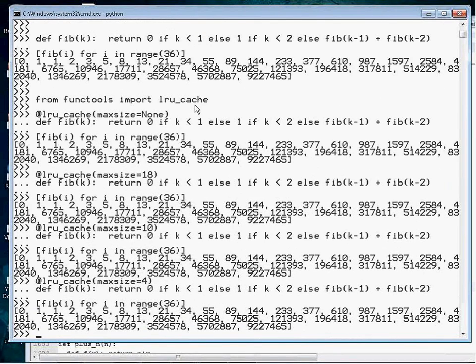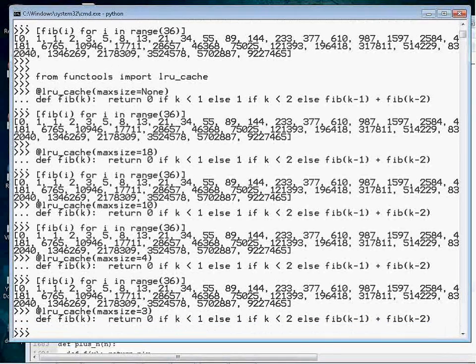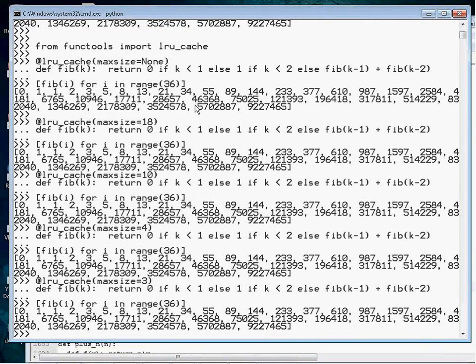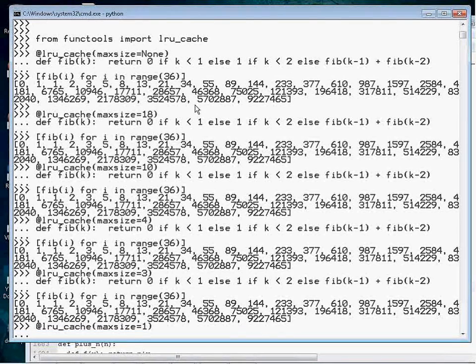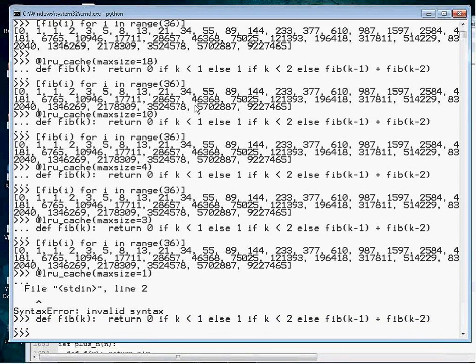Max size equals 3. Max size equals 1. Now we have max size equals 1 and it's starting to slow.